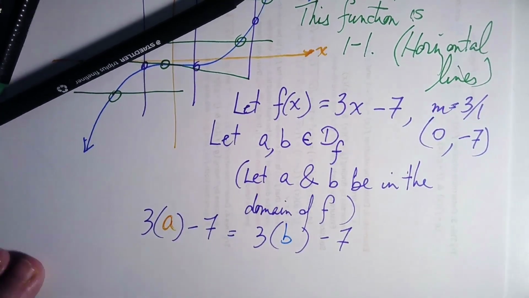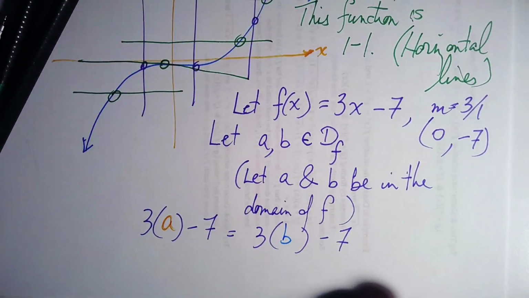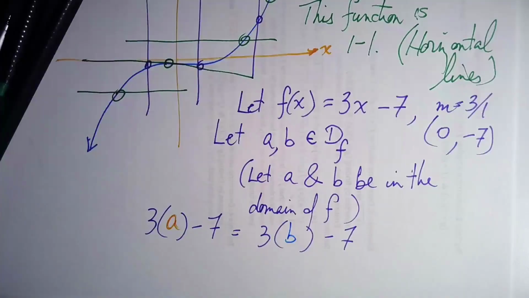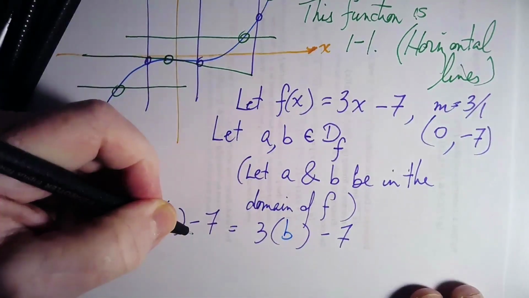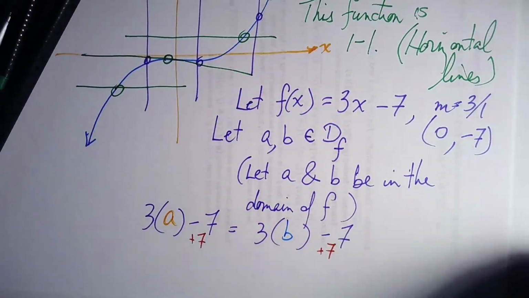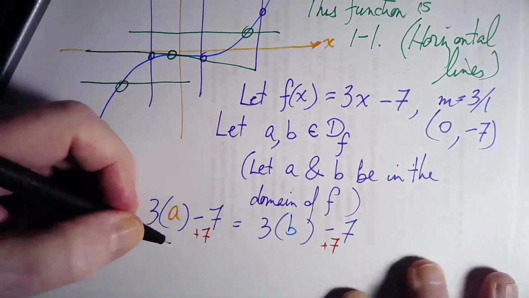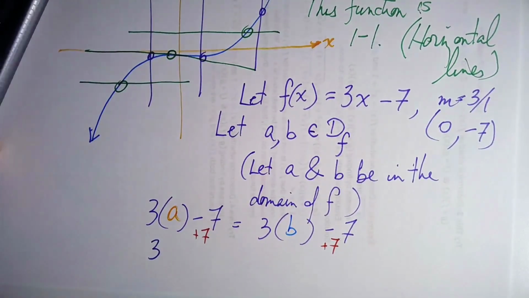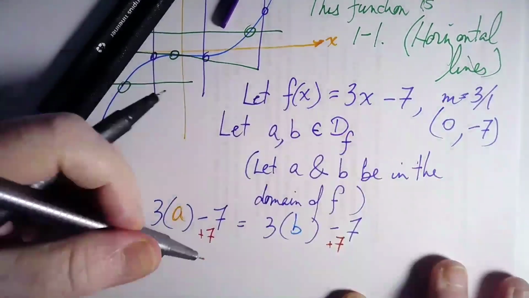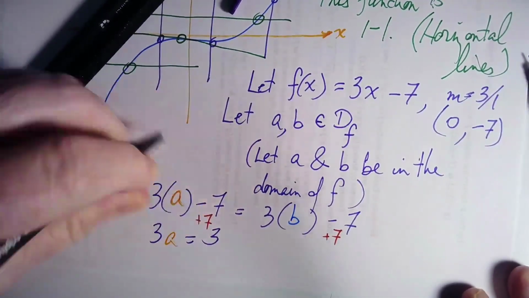Yeah, if we just add 7 to both sides, then we get 3A is equal to 3B.